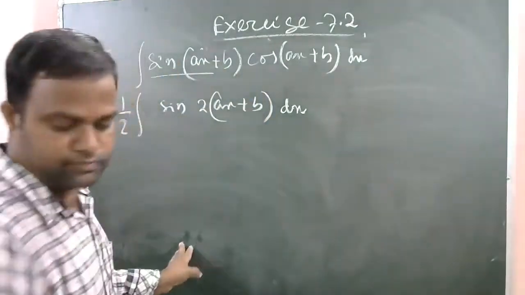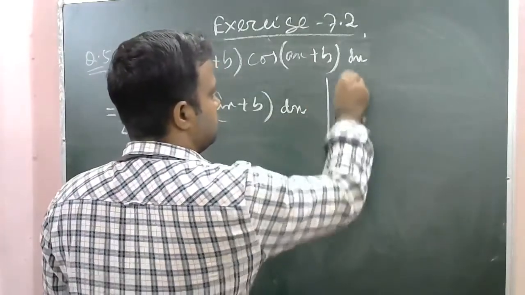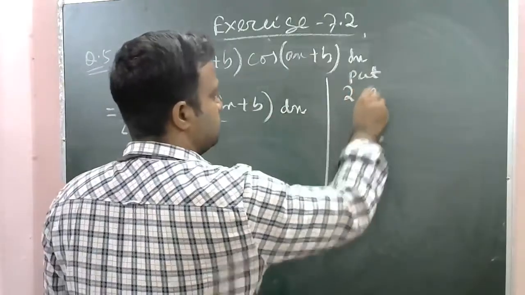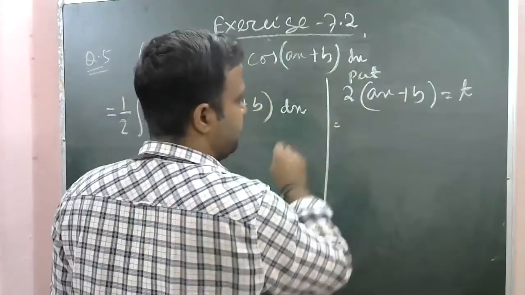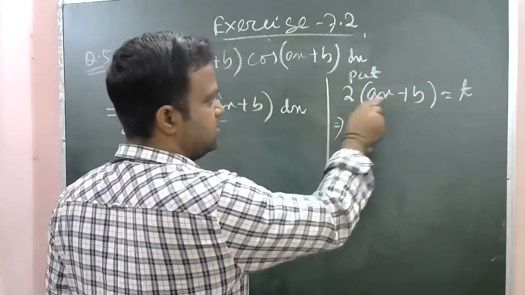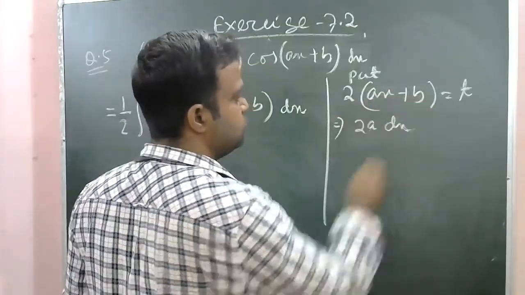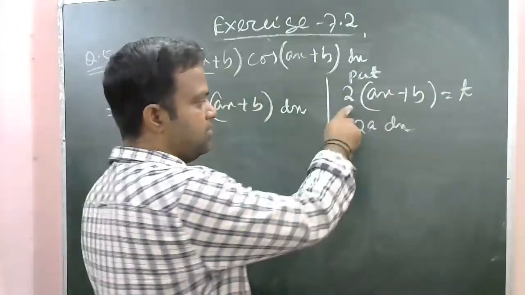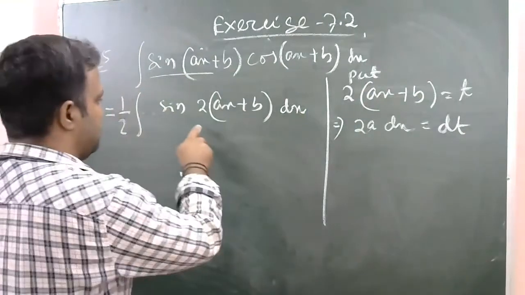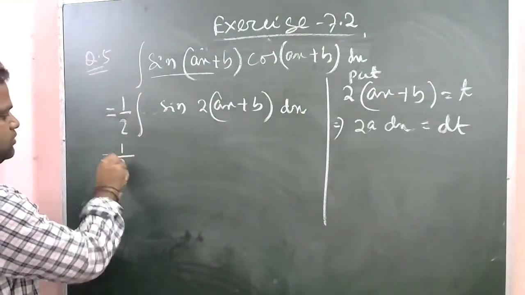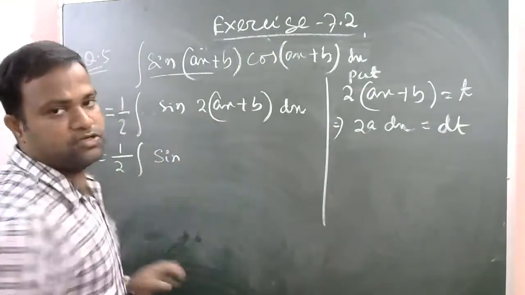So what will I do? I will put 2(ax plus b) as t. Now differentiating both sides, 2ax. So 2a is the constant, so 2a dx, and 2b is a constant which will be 0. Now 2a dx is equal to dt. Okay. So what I will do, this is 1/2 integral of sin 2(ax plus b).